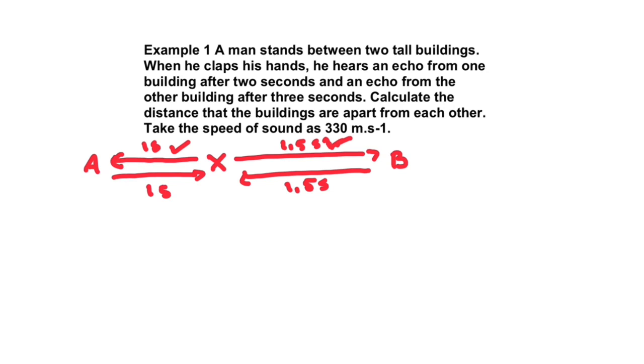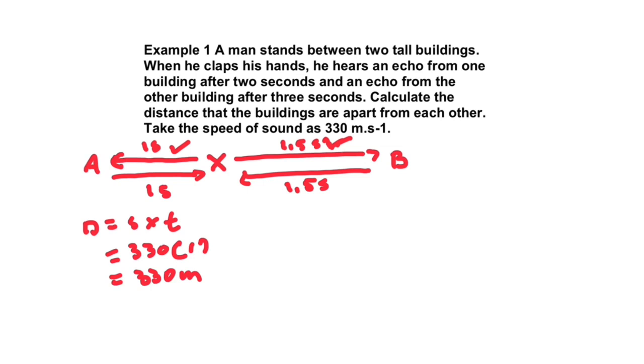So now what we can do is to find the distance between the man and the first building A. The distance is equal to the speed multiplied by the time. We have the speed of sound, 330 meters per second. So this will be 330 multiplied by 1, which is 330. So we have 330 meters. The first building is 330 meters away from the man.